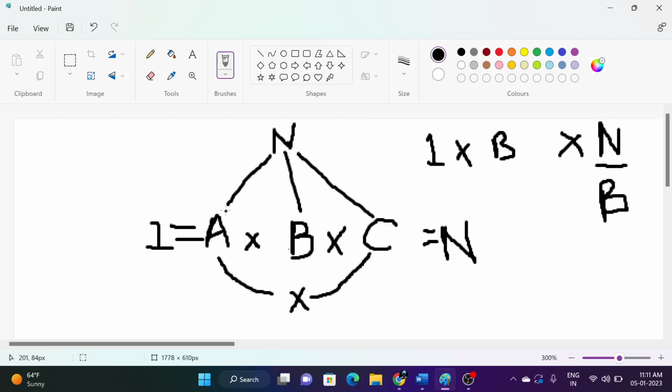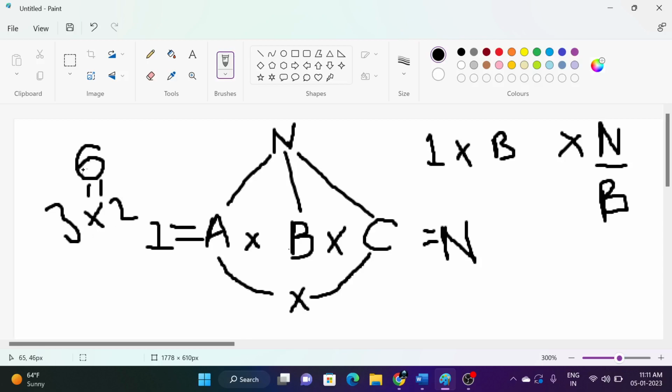This is pretty clear, but I would help you to understand this as we take any composite number, let's say 6. Now 3 into 2 is equal to 6, right?